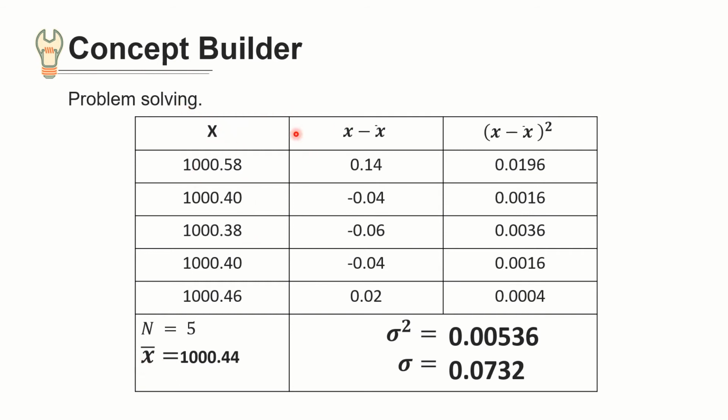So measured value minus the mean, and we get these values. 1,000.58 minus 1,000.44 is equal to 0.14. 1,000.40 minus 1,000.44 is equal to negative 0.04.